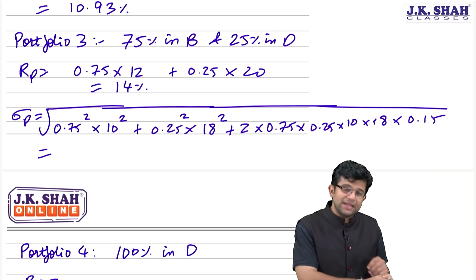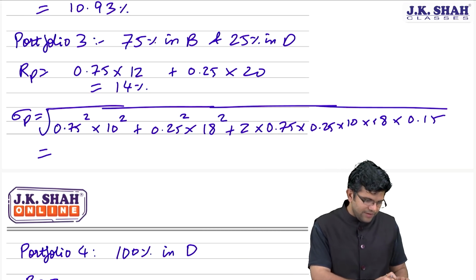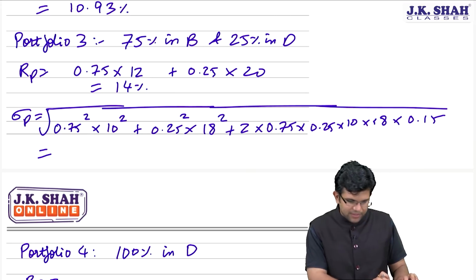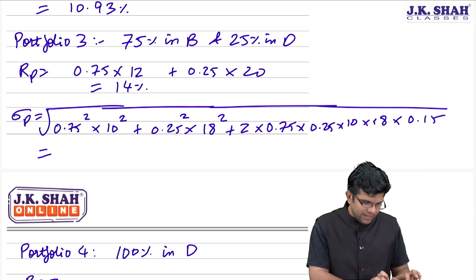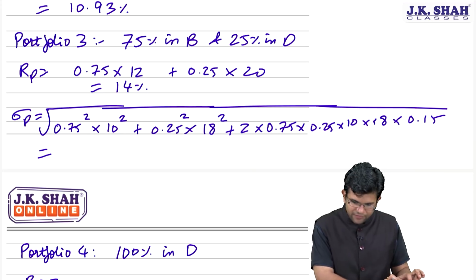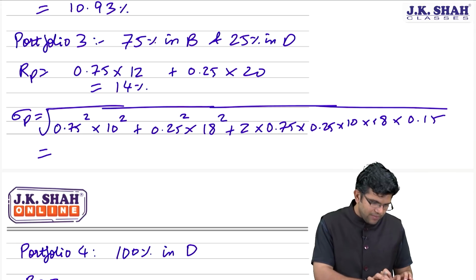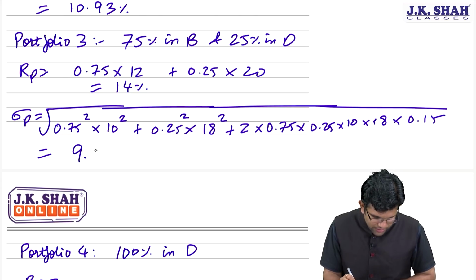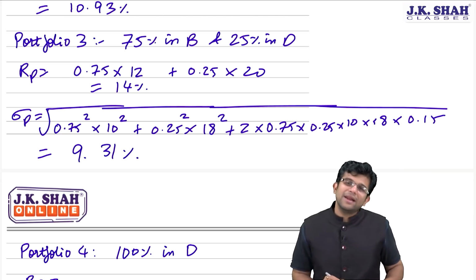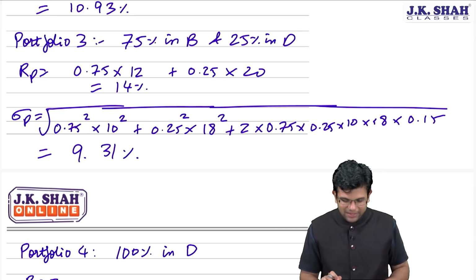Now let's take the calculator and solve this. 0.75 into 0.75 into 10 into 10, press M plus. 0.25 into 0.25 into 18 into 18, press M plus. 2 into 0.75 into 0.25 into 10 into 18 into 0.15, M plus, MRC, and then root, we get 9.31%. Very simple calculations, right?